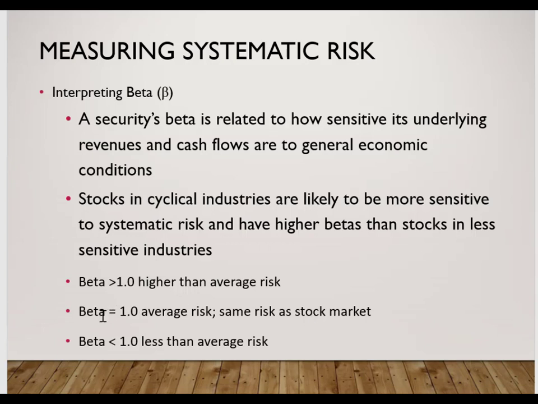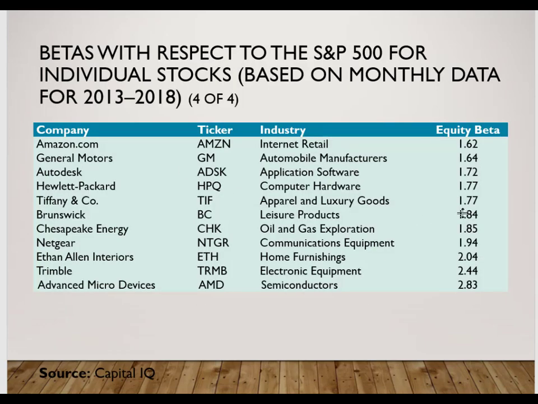So back again, a beta equal to 1 means it has average risk, less than 1, less than average risk, greater than 1, above average risk. But we can add a little bit of a twist to that and say, look, this company here, Amazon, has a beta of 1.62.